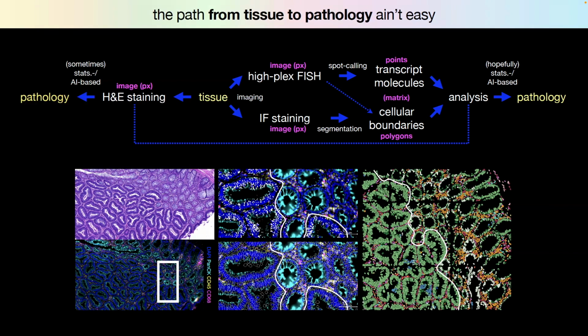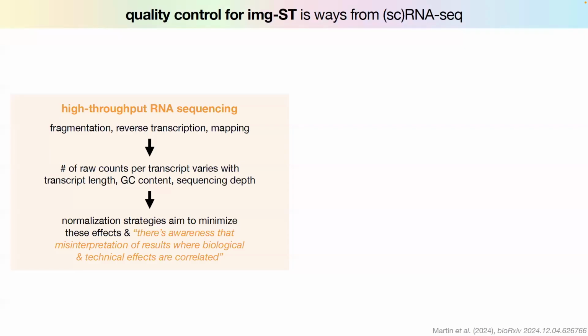And maybe to point out a bit of the challenge here: in single-cell RNA-seq, we're a bit more advanced now, but in the beginning, we kind of knew the process. We know we have fragmentation, reverse transcription, we map to a reference genome, we get our counts. We know that it's affected by GC content, and there are PCR amplification biases.